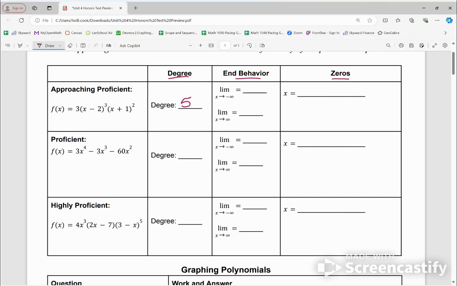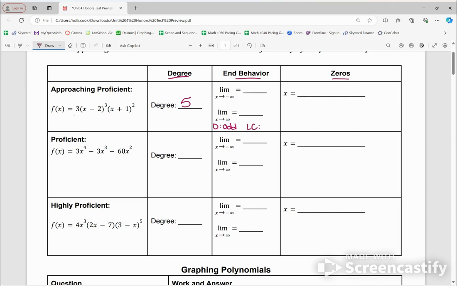Now, end behavior, we need to know if the degree is odd or even, and then the leading coefficient, if that's positive or negative. So we know that our degree is odd, right? It was 5. And the leading coefficient, if we look back, x minus 2, that's a positive. x plus 1, that's a positive.